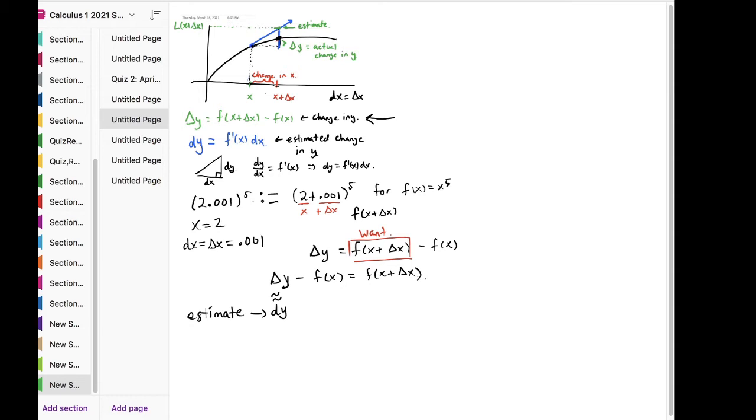So dy is our estimated change in y. Our delta y is our actual change in y. So if we're trying to approximate, what we want is to approximate this. So we have dy minus f of x is going to be pretty close to f of x plus delta x.